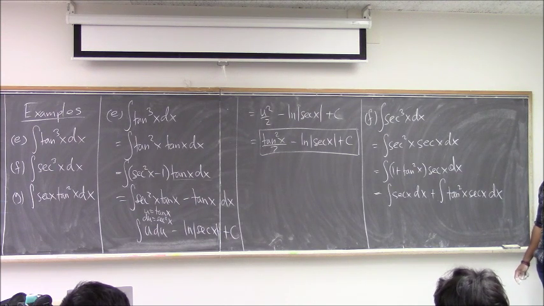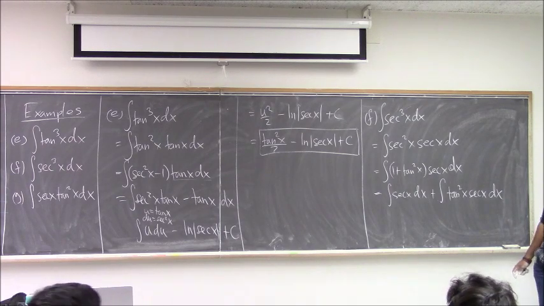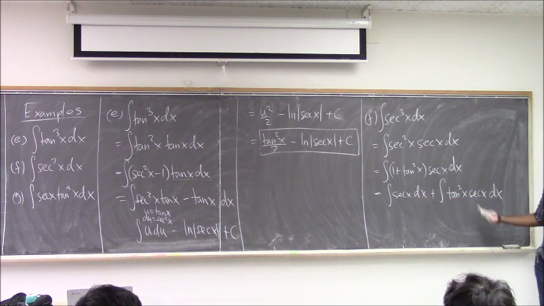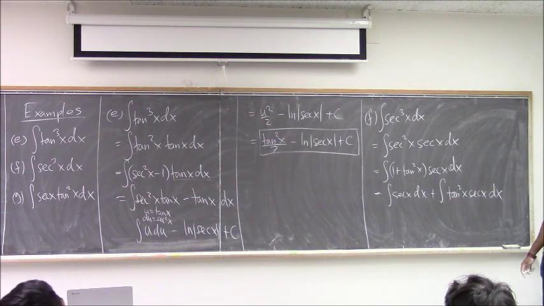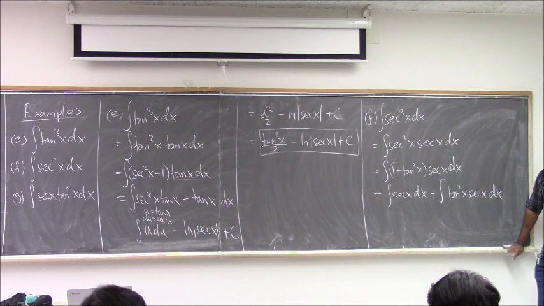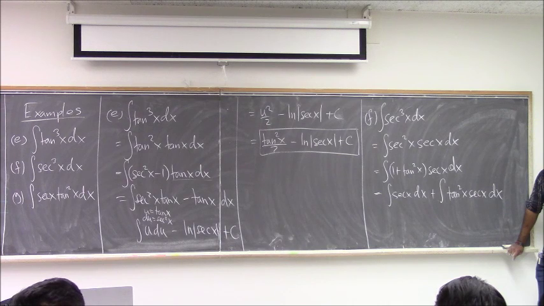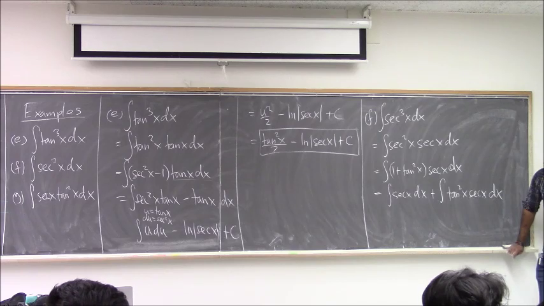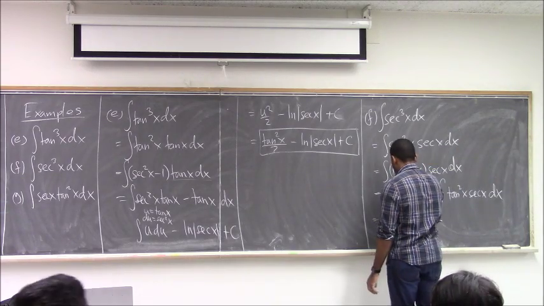Other ideas? So this one we actually know. Could you take out a secant and tan x, like secant times tan x? Okay, and you'd be left over with a tan x. And what are you going to do with that? Well, the integral of secant x is ln of the absolute value of secant x plus tan x.